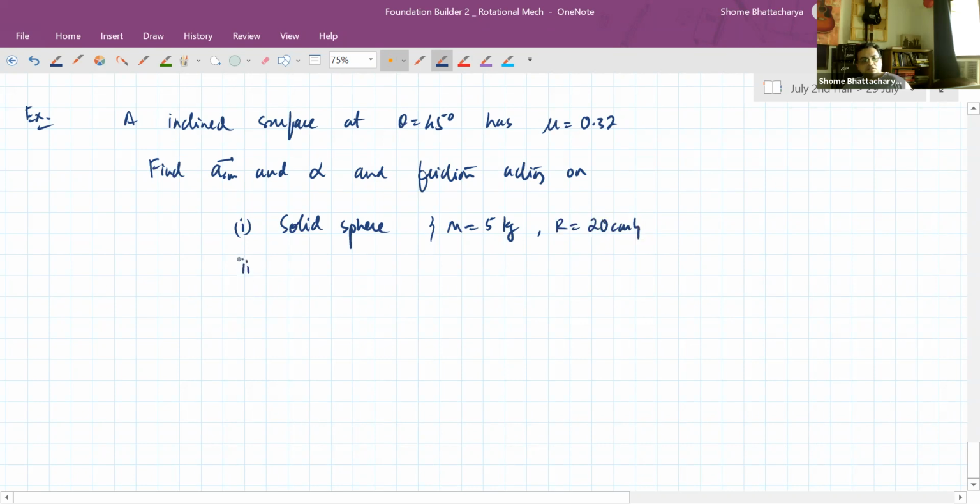And the second case, a hollow spherical shell, same mass and same radius.